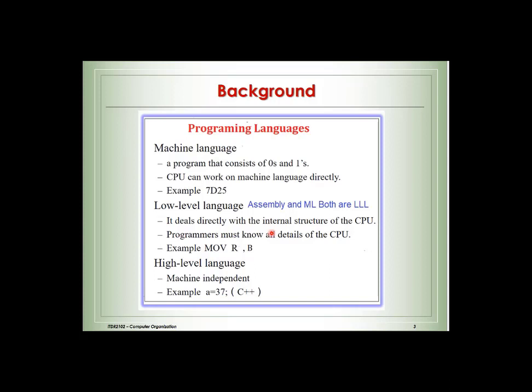So it is very difficult to write a program in assembly language on an Intel machine and then run the same program on the 6800 Motorola machine. So that's the difference between machine independent programs and machine dependent programs, in terms of assembly programs.